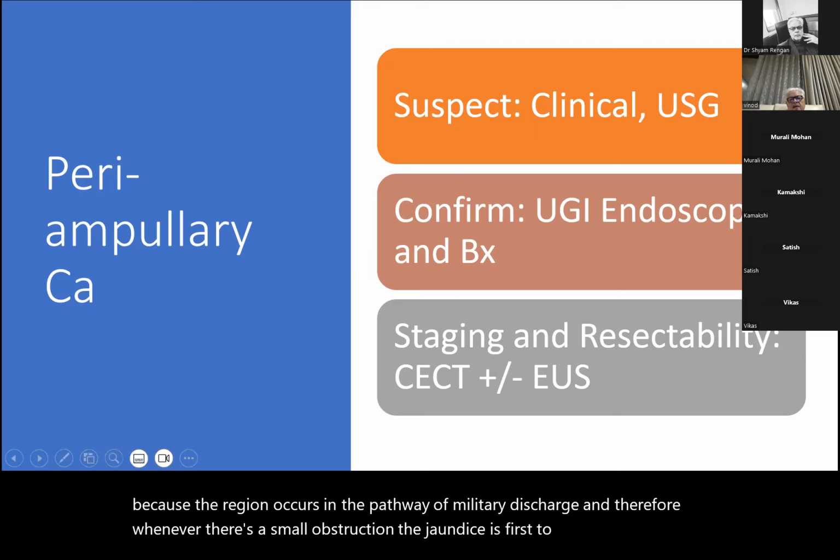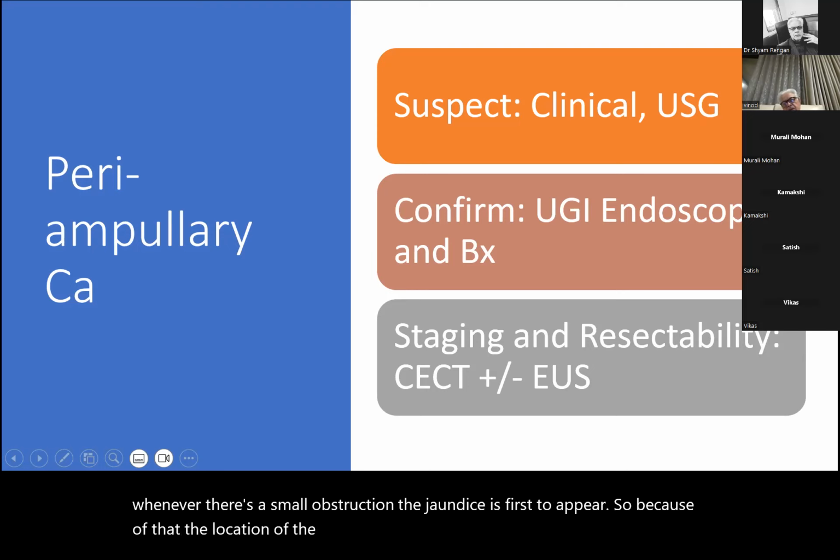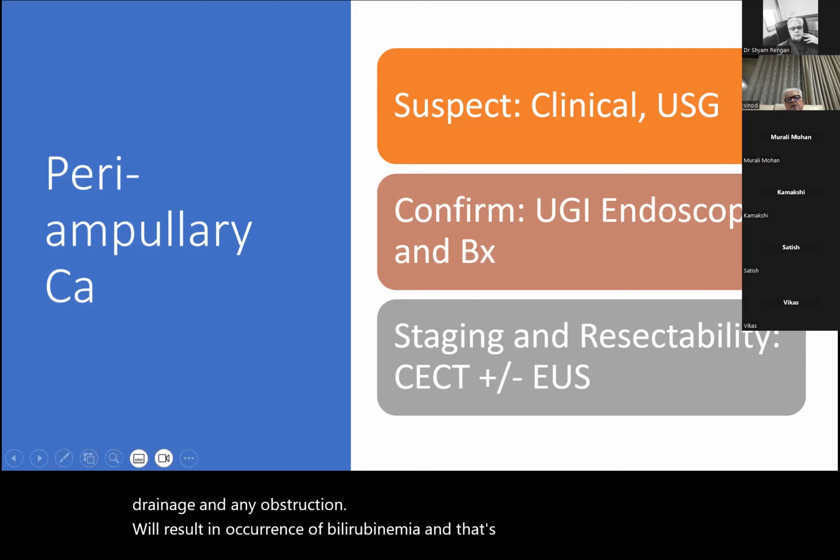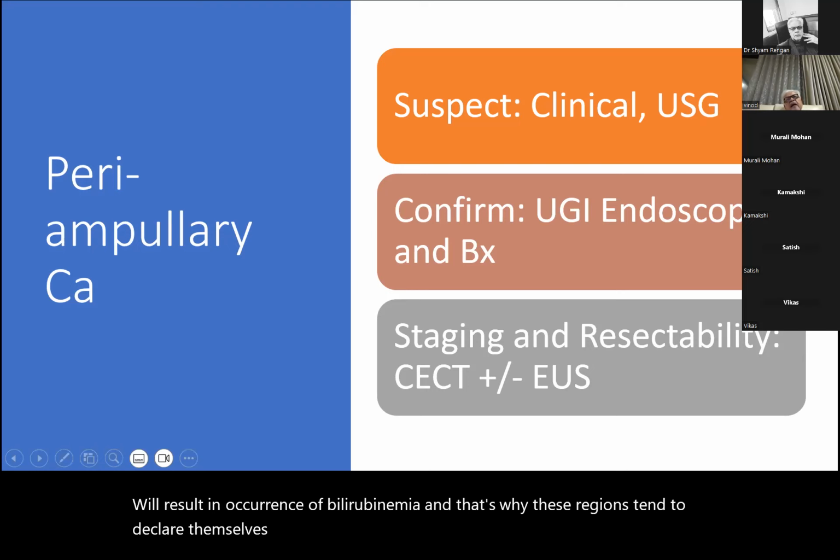So because of the location of the lesion, since it is in the pathway of biliary drainage, any obstruction will result in bilirubinemia, and that's why these lesions tend to declare themselves early, at an early stage, where they can be subjected to resection.